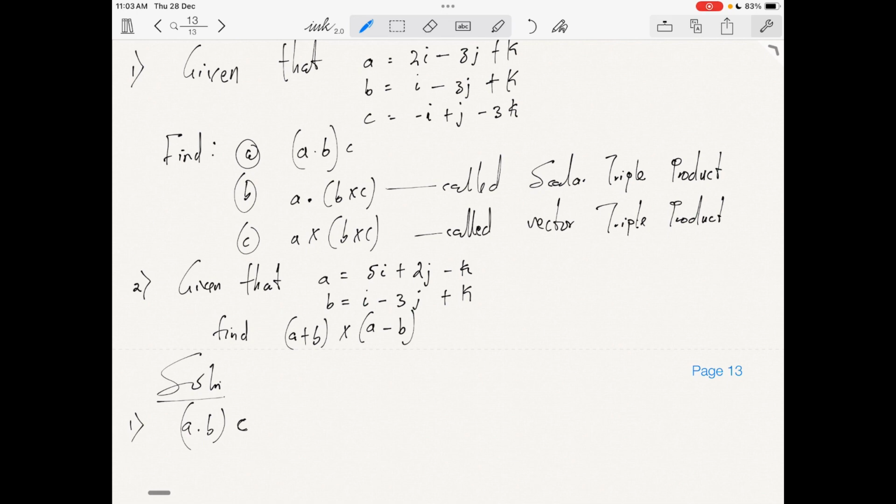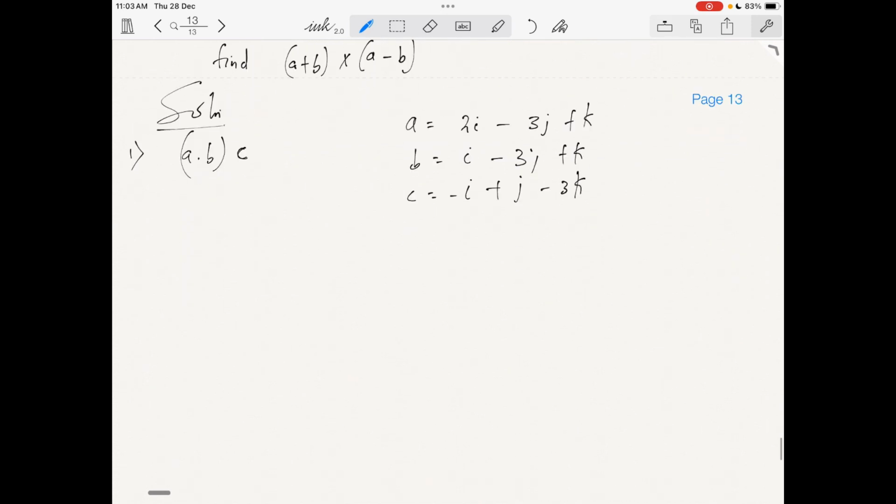Let's rewrite the question here: a is 2i minus 3j plus k, b is i minus 3j plus k, c is minus i plus j minus 3k. Then we multiply by c. You will notice that the multiplication by c is not specified to be a dot product or cross product, so we just have to multiply directly by c.